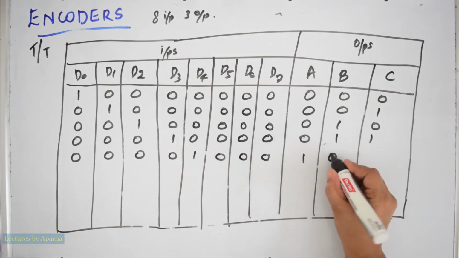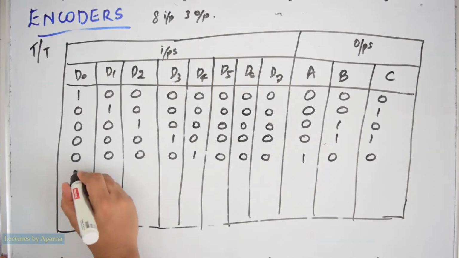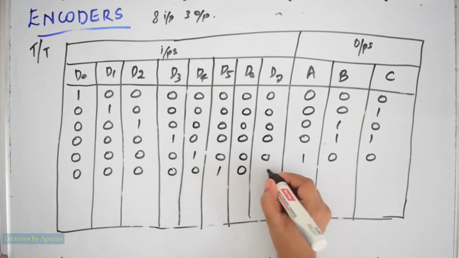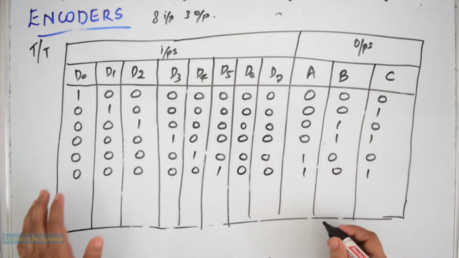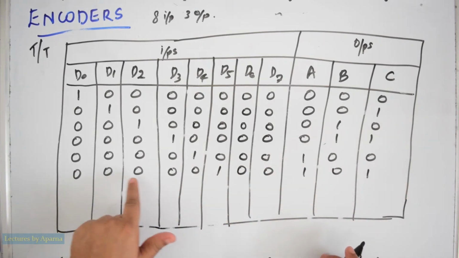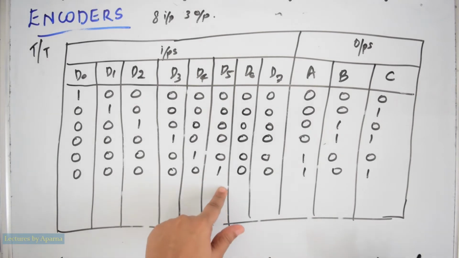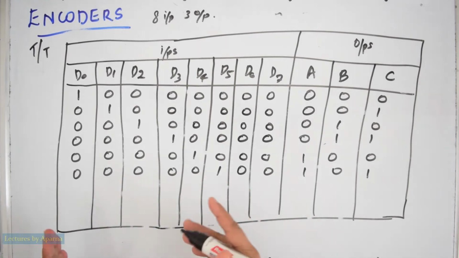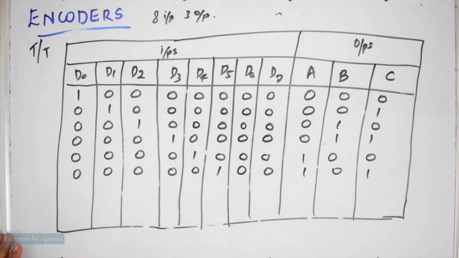The output will be 1, 0, 0. Then 0, 0, 0, 0, 0, 1, 0, 0, and the output is 1, 0, 1. In each case, any one of the inputs becomes high and the rest are 0. Correspondingly we get a code word at the output.